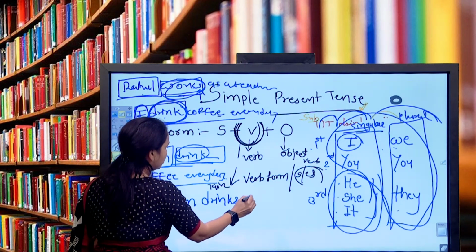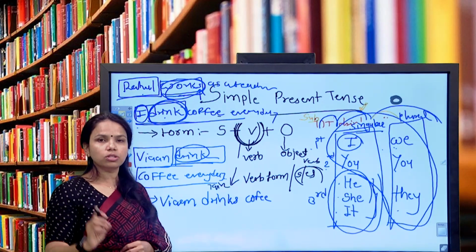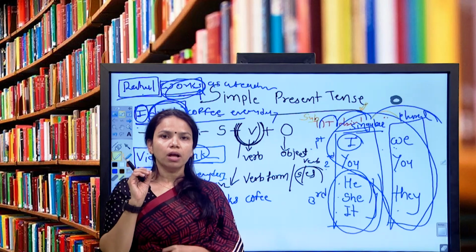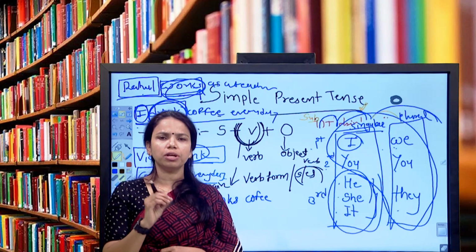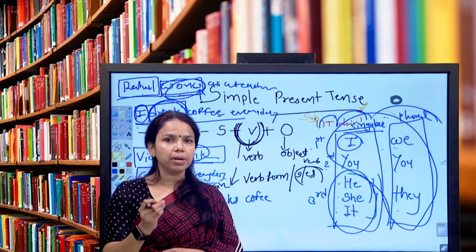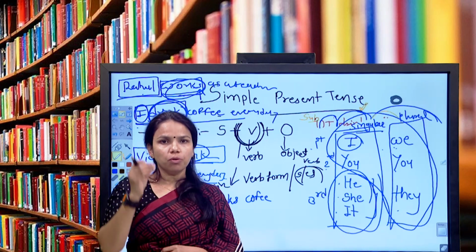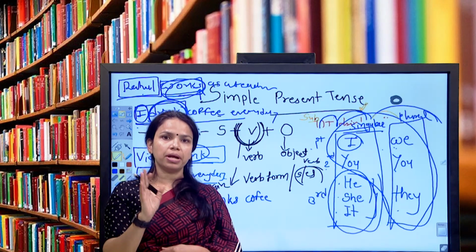Right? So in simple present tense, the rules and regulations, the things which you do regularly, habit, universal truth, for this reason you have to use simple present tense.